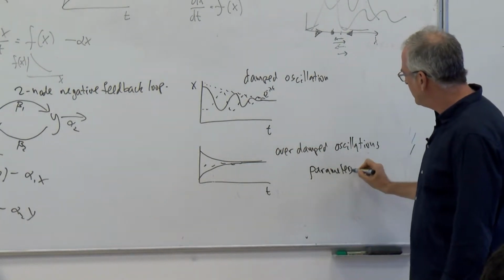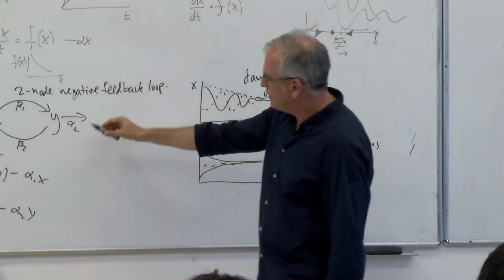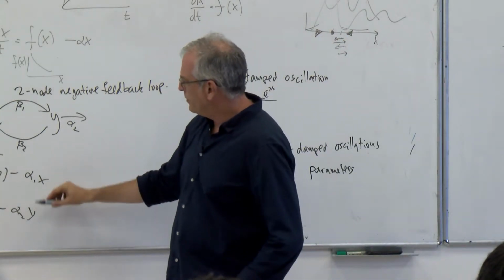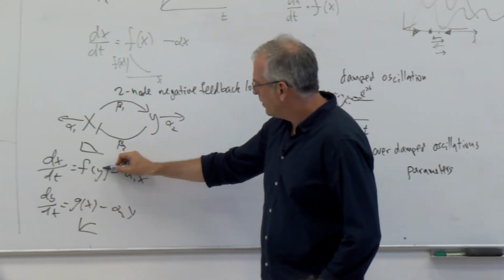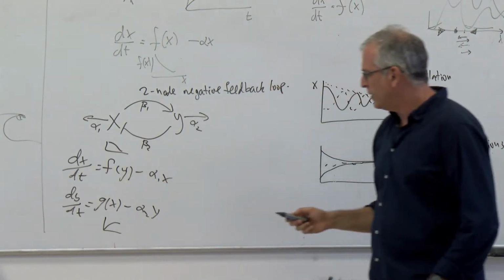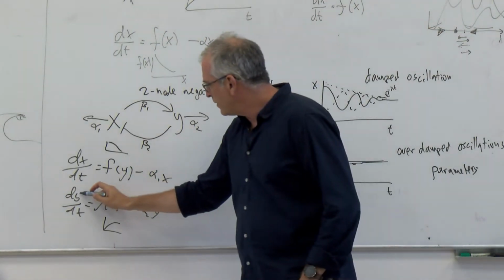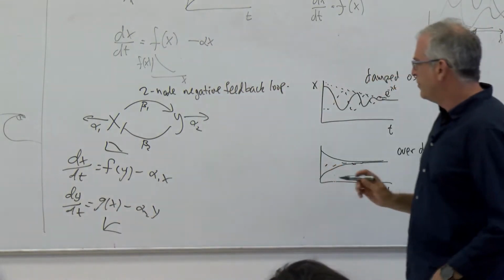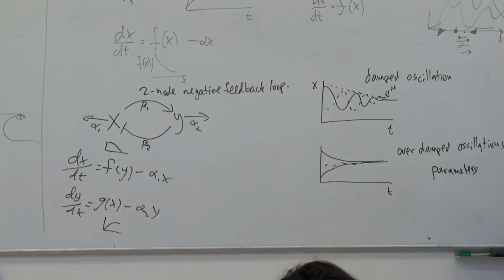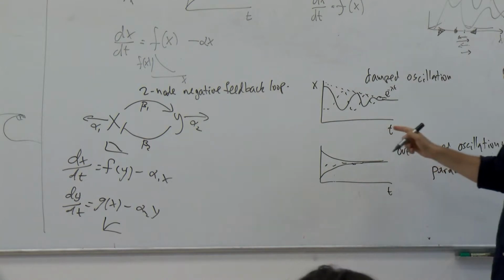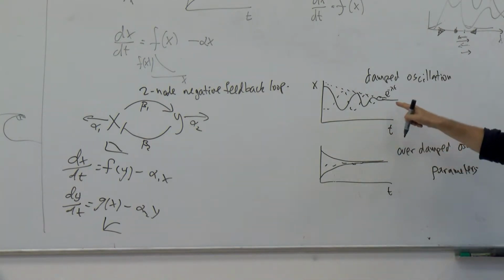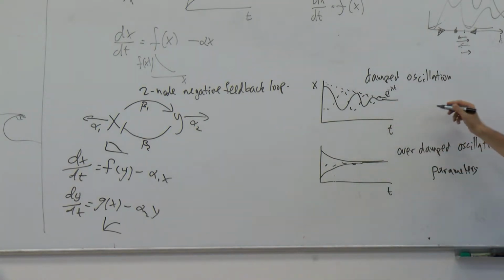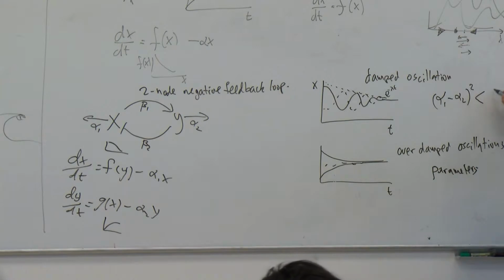So there's a condition. You can actually solve analytically the linear stability equations here, which I decided not to do in the class, but maybe we'll do it in the exercise. And you can see that in order to get damped oscillations, you need that alpha 1 minus alpha 2 squared be smaller than 4 beta 1 beta 2.